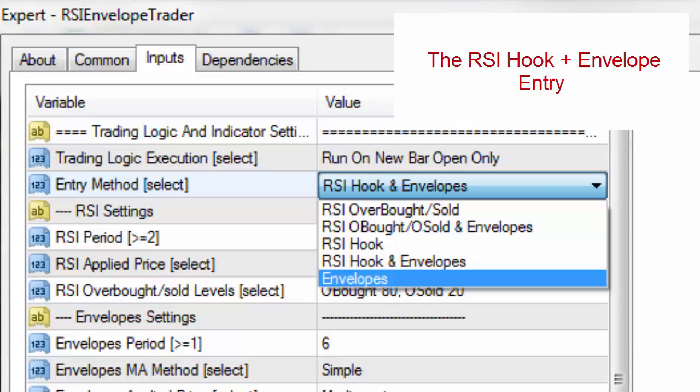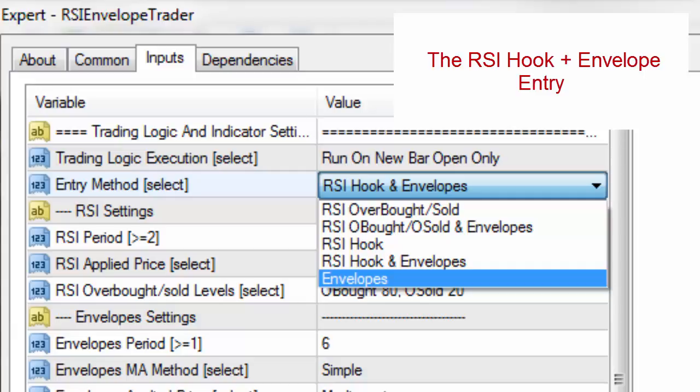So when we look at the 5 alternatives, you can see the first one is the RSI overbought and oversold alternative. That one uses the RSI on its own. Then you have the RSI overbought and oversold alternative combined with the envelope system, which takes 2 fantastic systems and combines them, and the entries you get from that are really superb.